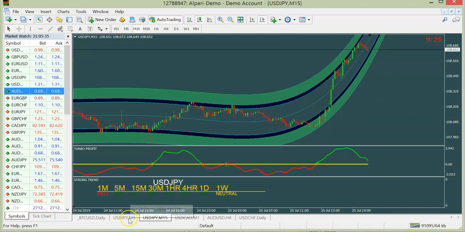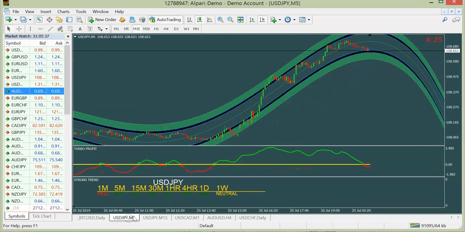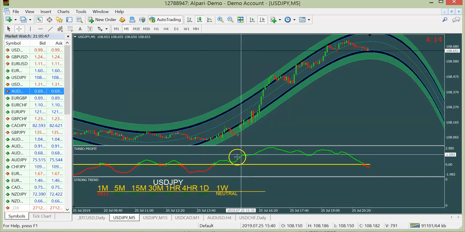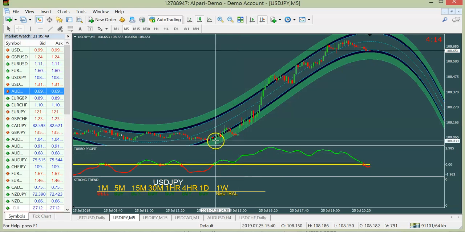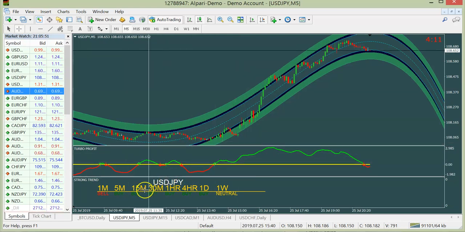pips. Let's see on a 5-minute time frame. Also a very nice setting here. Arrow, oversold zone. This is 5 minutes, but we have 5-minute green and all others.